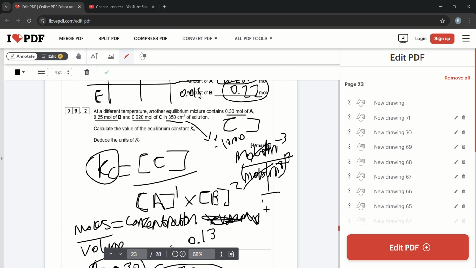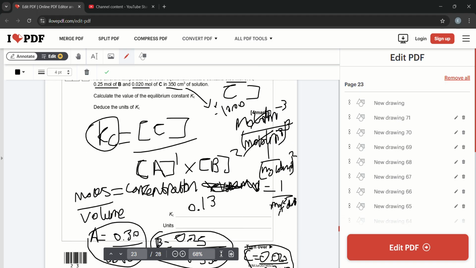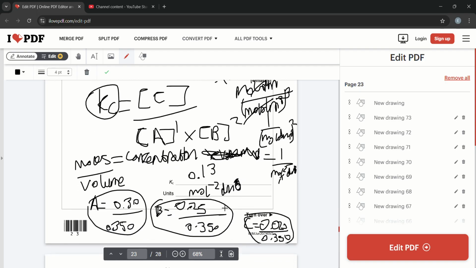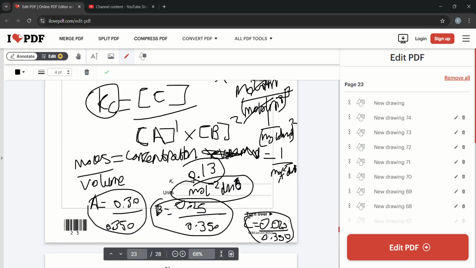That cancels out and we're left with 1 over mol per dm minus cubed squared, which is equal to 1 over mol to the power 2 dm to the power minus 9. However, because this is on the denominator, it is now going to be mol to the power minus 2 dm to the power 9. No, not dm to the power 9. It's going to be 6. Yeah, 6. You don't square it, we times it. Dm to the power 6. Mol to the power minus 2 dm to the power 6, and Kc is 0.13.